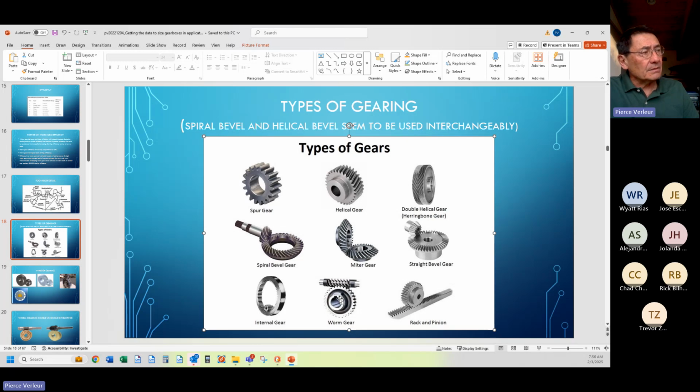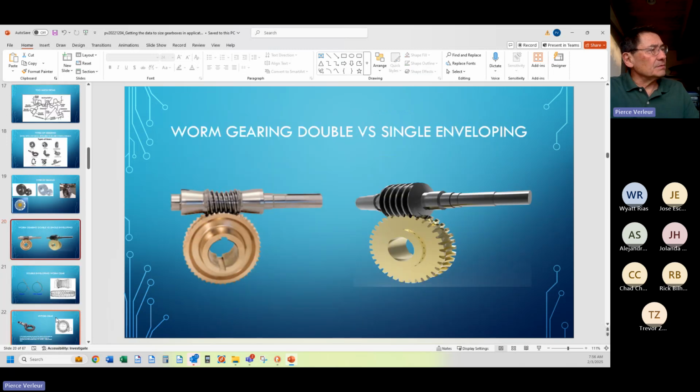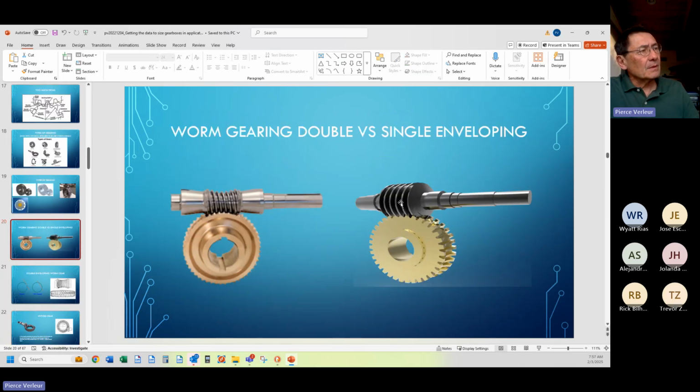In the worm gear, we have a totally different geometry. Note, this is one of the unique geometries in gearing. Let's go to this. There is a straight worm, and here is a worm with a bevel in the worm itself.